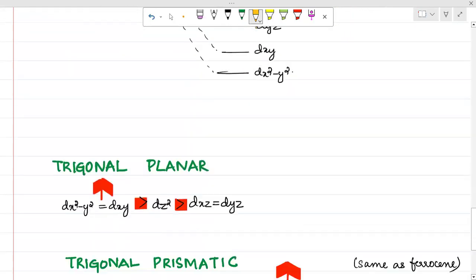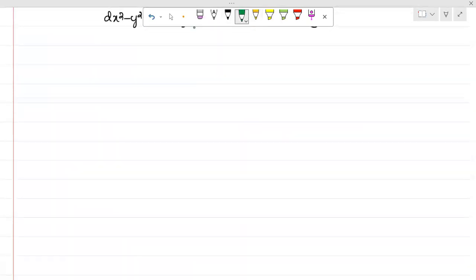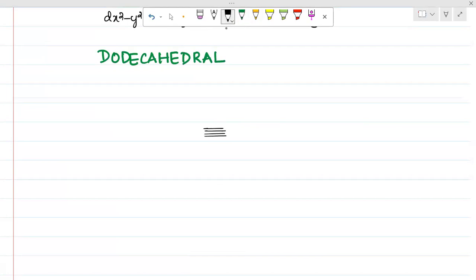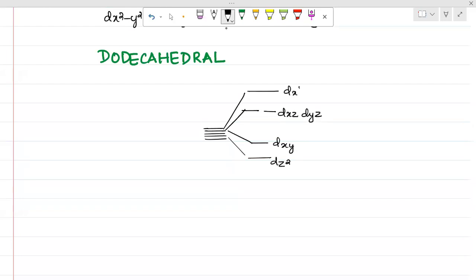Okay. Last one is dodecahedral. All right, which has got a splitting something like dz square is the least, and then dxy, dxz, dyz, dx squared minus y squared.